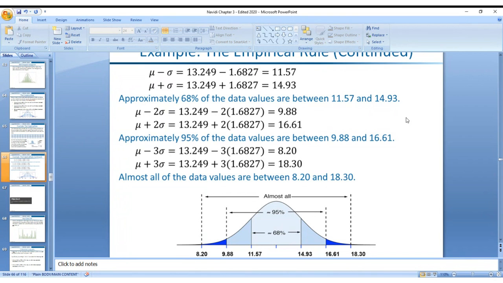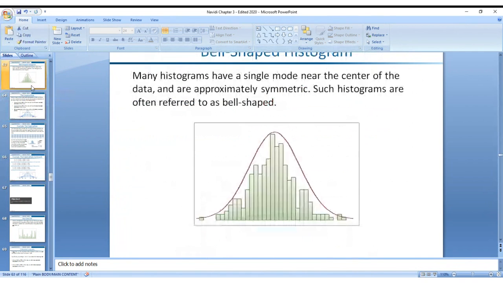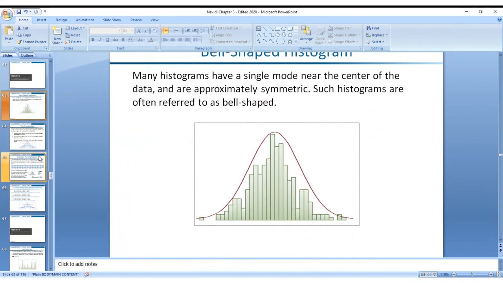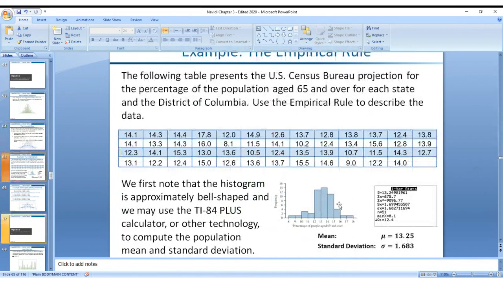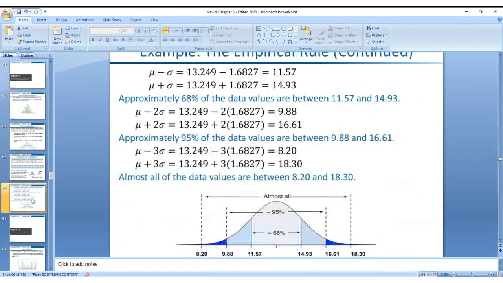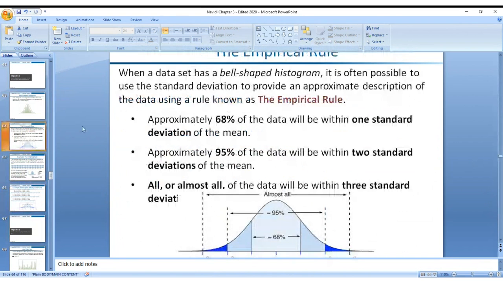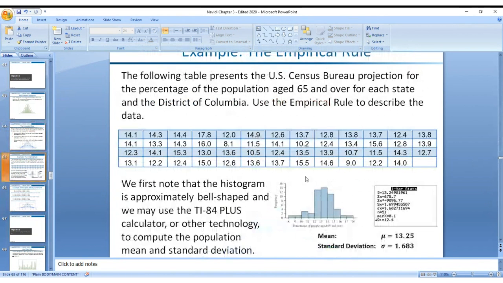All right. Now, remember those numbers because I'm going to go back up here. So 9.88 and 16.61. Let's go back up to that data. On the bottom side, or the left side, there's one here, 8.8.